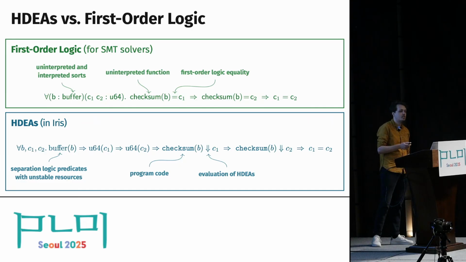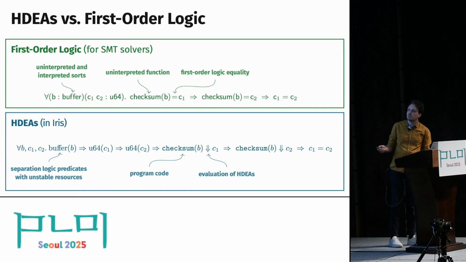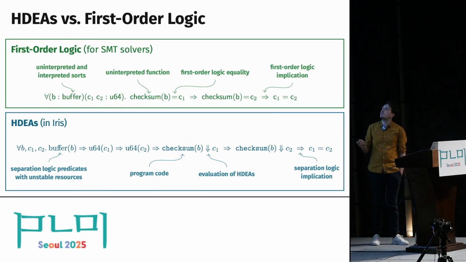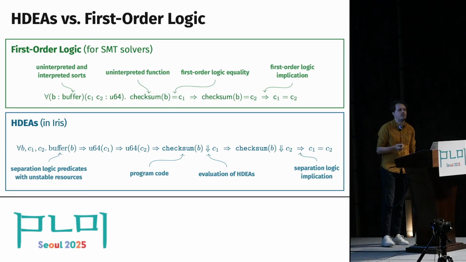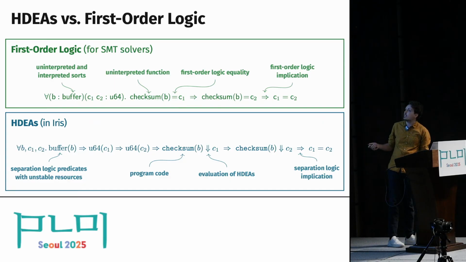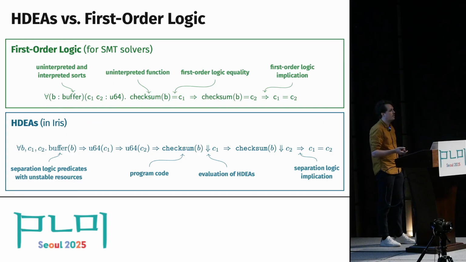In first-order logic, we have first-order equality, to equate terms. In heap-dependent expression assertions, we reason about evaluation. More specifically, we want to evaluate our expressions. And then lastly, in first-order logic, we have implication. This is the classical implication of first-order logic, whereas in heap-dependent expression assertions, we have the implication of separation logic. And if you know the two, you might also know that they behave quite differently.